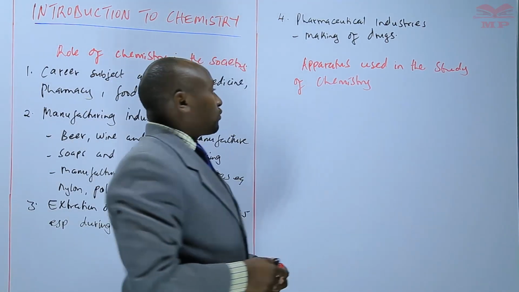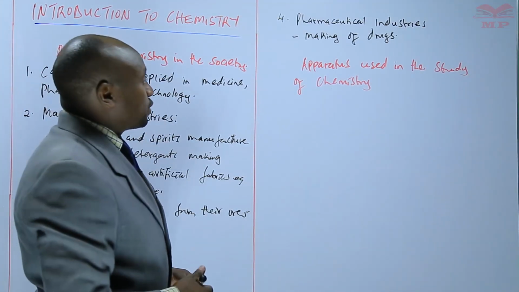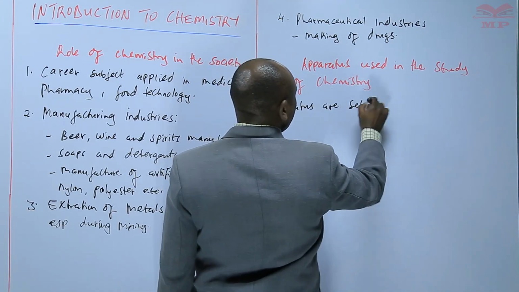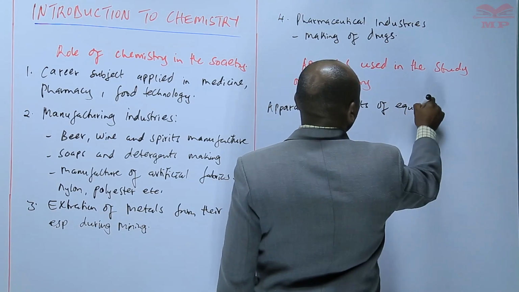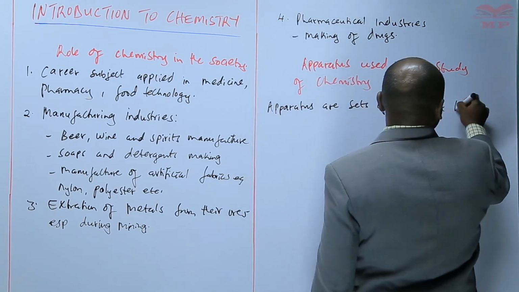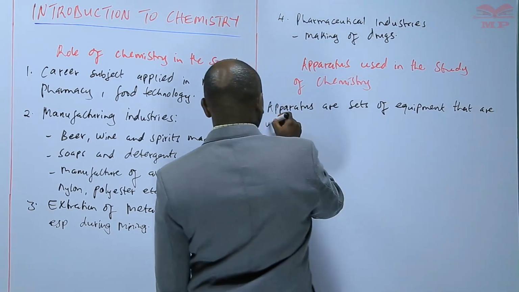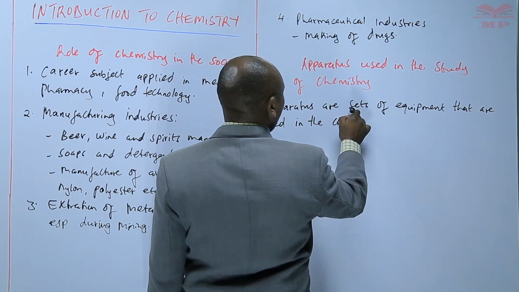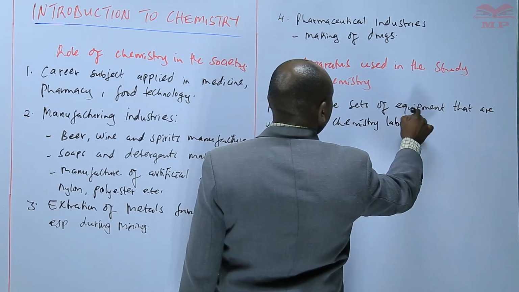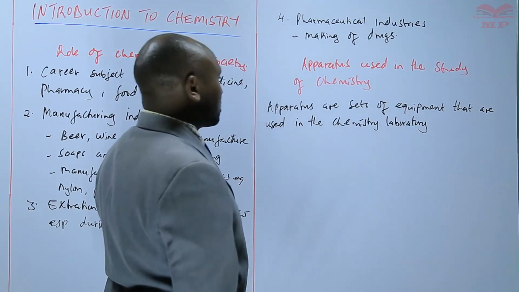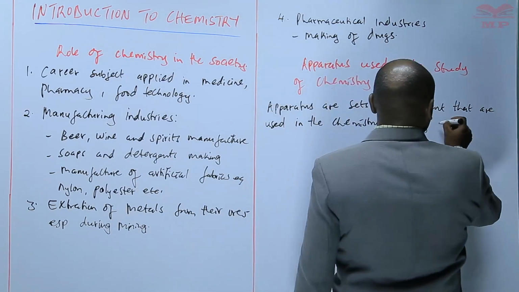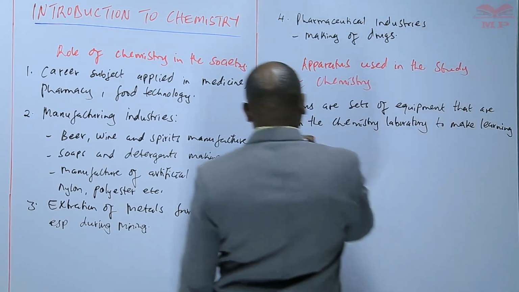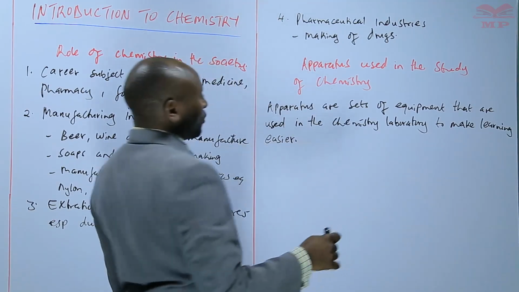And before we look at each one of those apparatus, it is important to understand that apparatus are sets of equipment used in the chemistry laboratory to make learning of the subject easier.